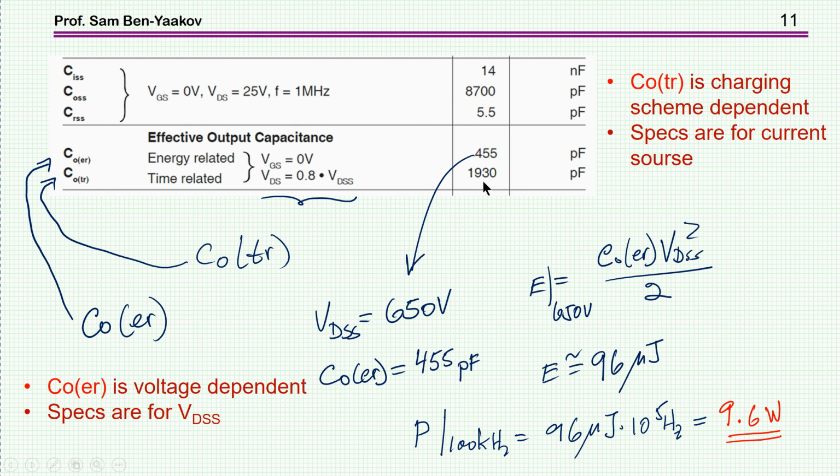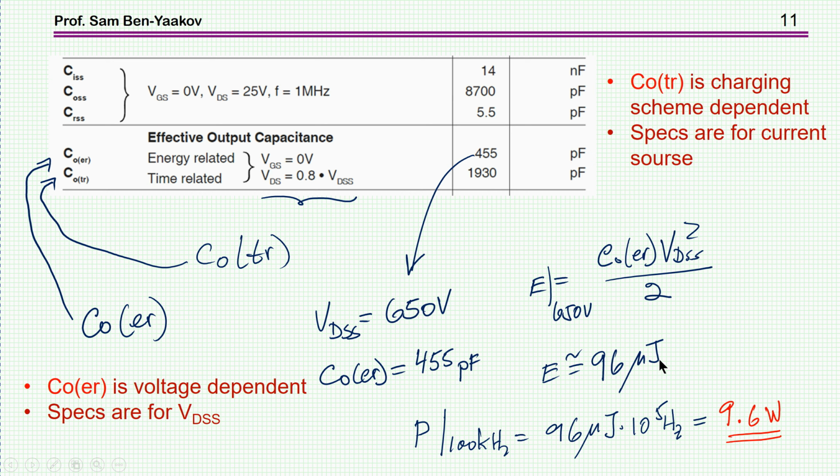Well, that's a big difference between these two, obviously. They're different things, different beasts here. Well, let's have a look just for a second. What does this mean here? If this C out ER is 455 picofarad, charged to 650 volts, the energy is 96 microjoule.